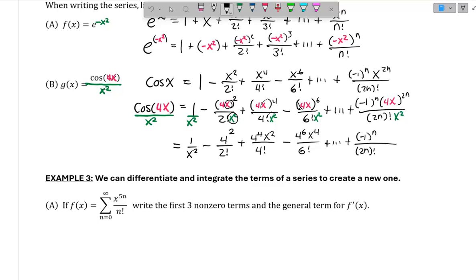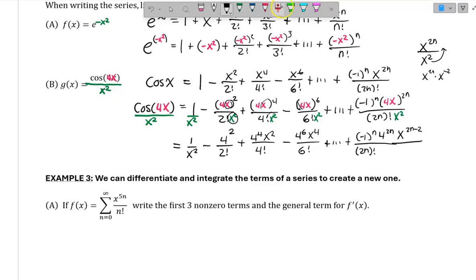But what's happening is the 4 is still being raised to the 2n each time, but the x to the 2n is being reduced by a factor of 2, which algebraically makes sense if you look at over here on the side. We have x to the 2n over x squared. I can actually move this up top, and so this would be x to the 2n times x to the negative second, which would mean that we could write this as x to the 2n minus 2. So that would be my general term.